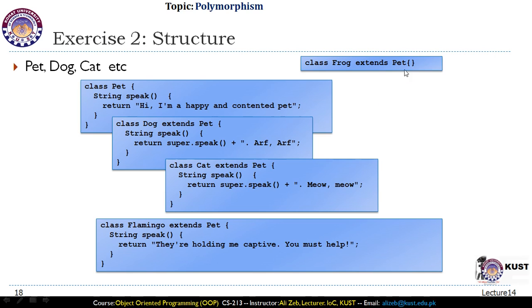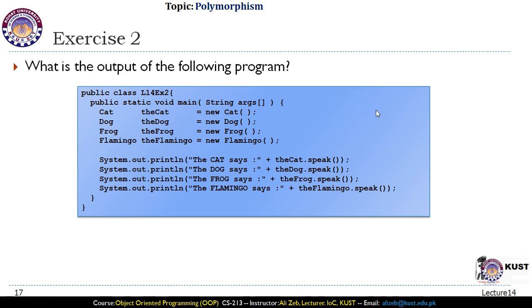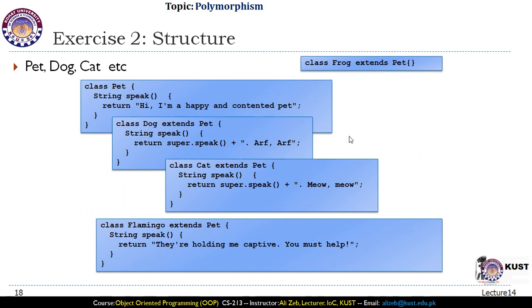You can implement the frog class with whatever you want to get the output, but it should have its own speak method that overrides the one from the pet class, and you can guess the outputs of these method calls. So that is the exercise that you can try. This will conclude our lecture 14, and we'll continue our discussion of polymorphism in the coming lectures.